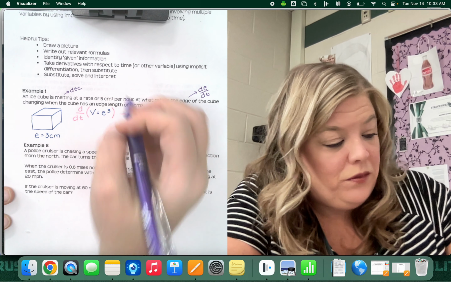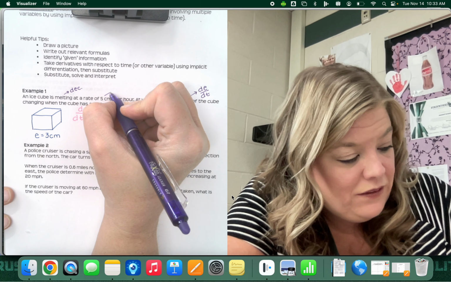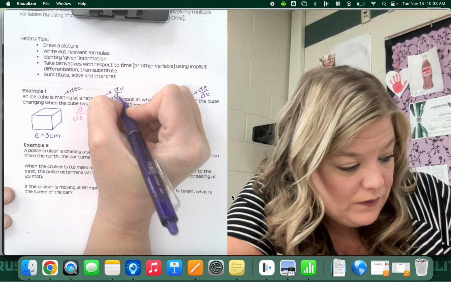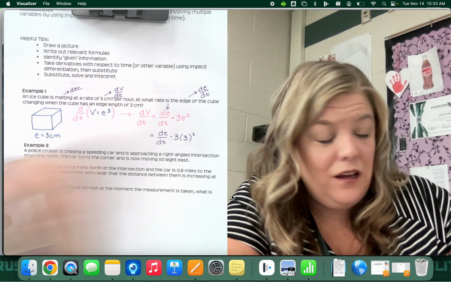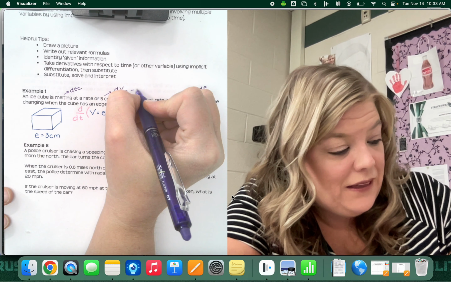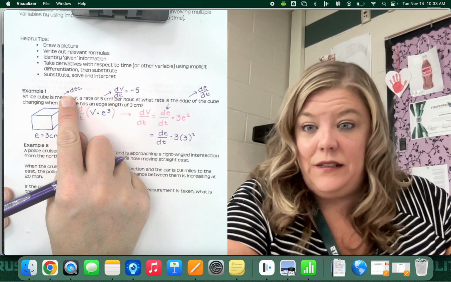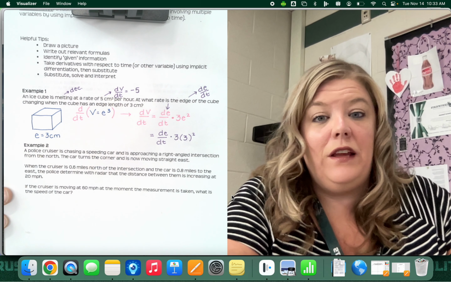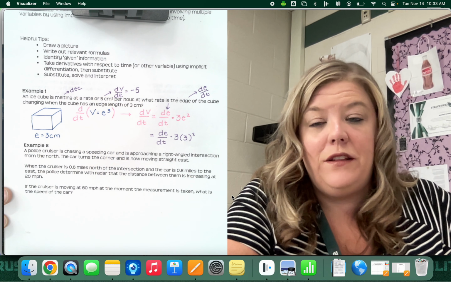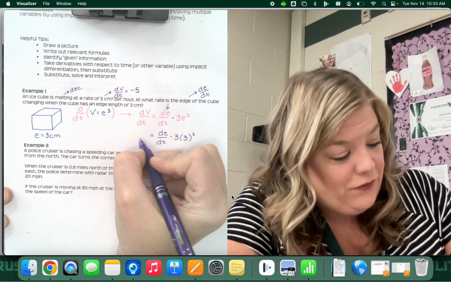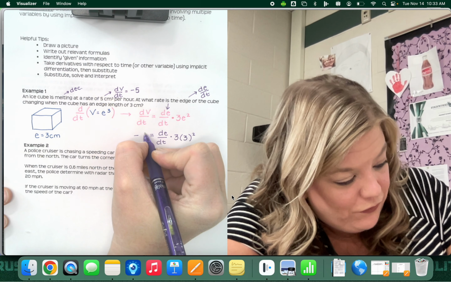So this right here is dV/dt, how your volume is changing, but we need to list it as a -5 because it's a decreasing value. When you're thinking about these rates of change, we have to think about whether they're positive or negative. So in place of that dV/dt, I'm just going to put a -5.